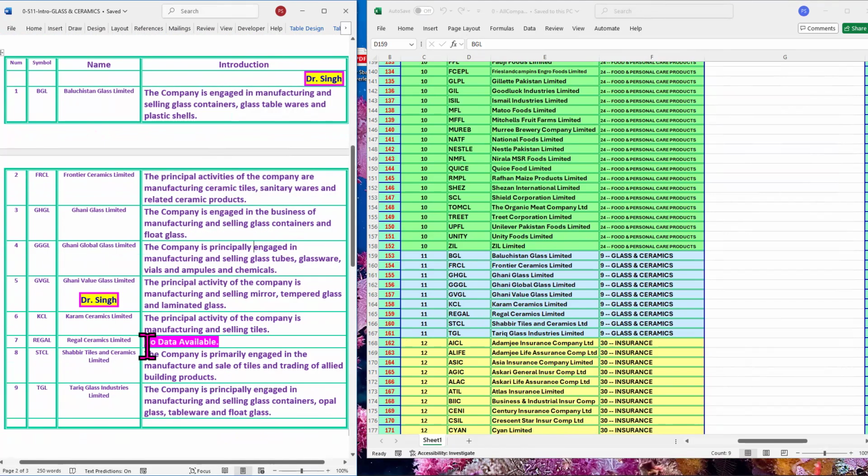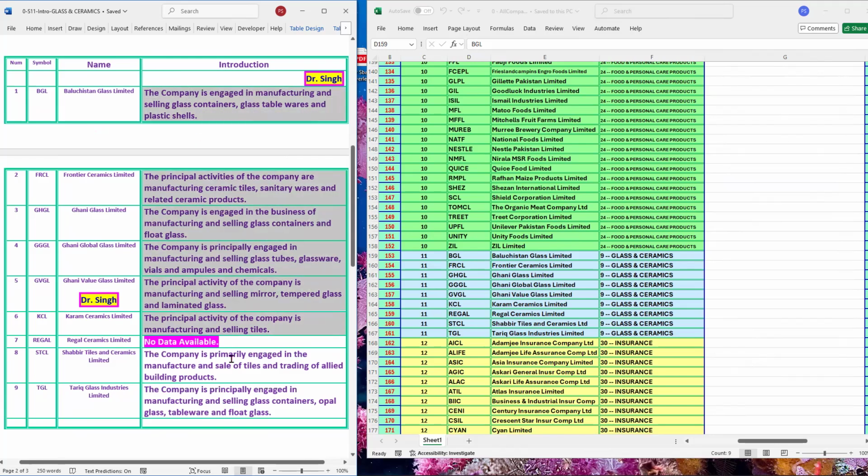No data available right over here simply means either the company has gone bankrupt or no longer exists or has changed its name. So it all depends, and things do happen like that in the world. Companies sometimes fail to work properly because of whatever reason. There can be multiple reasons.